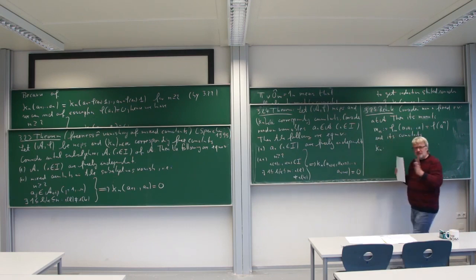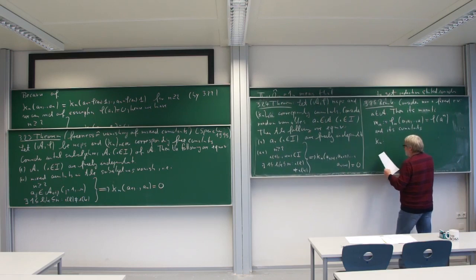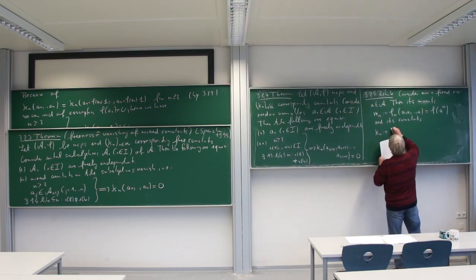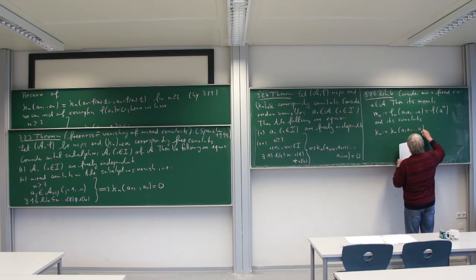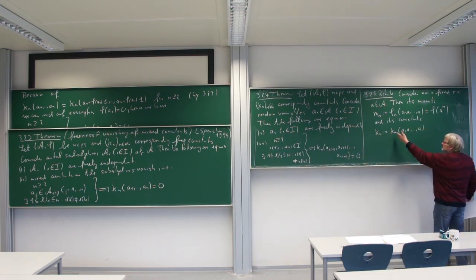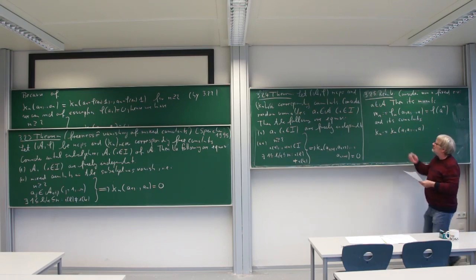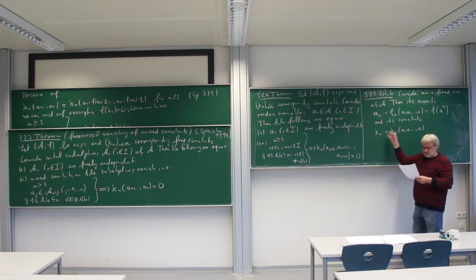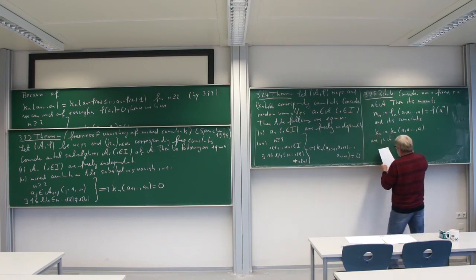So kappa n is now just a number. Before it was our multilinear functional, but now I just denote kappa n of A, A, up to A, where I take this functional and plug in all arguments as A. So those are now just sequences of numbers: the sequence of moments and the sequence of cumulants.